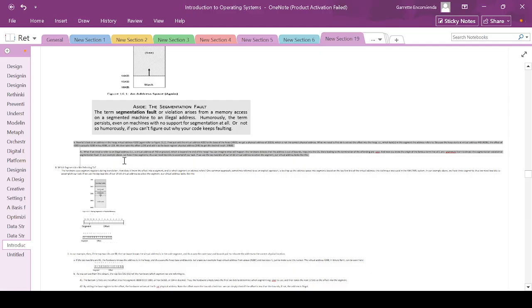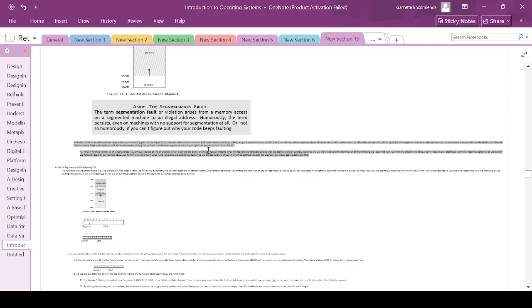Now let's look at an address in the heap, virtual address 4200. Again, refer to figure 16.1, which is here. If a heap provides us a virtual address 4200, how do we actually translate that?